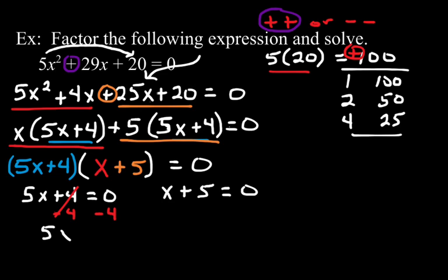And we have 5x equals -4. And then we're going to divide by 5. And we find out that for this part, x equals -4/5. So that will be one of our answers.